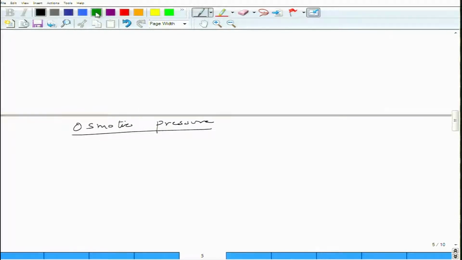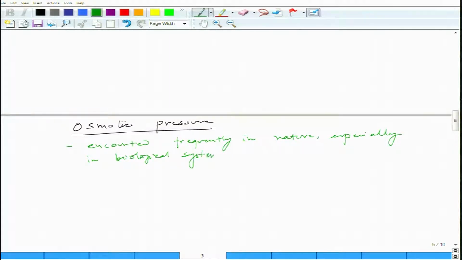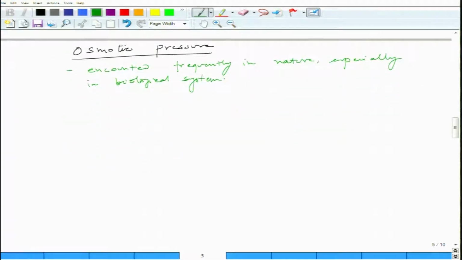Before going into the details, this is something which is often encountered in nature, especially in biological systems. Let me first draw a schematic representation where this osmotic pressure comes into consideration.